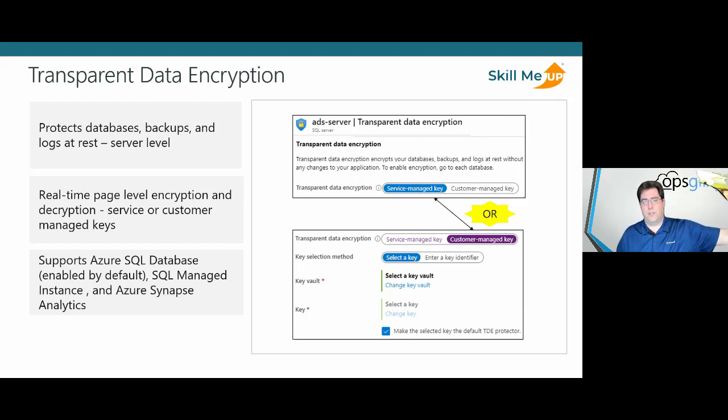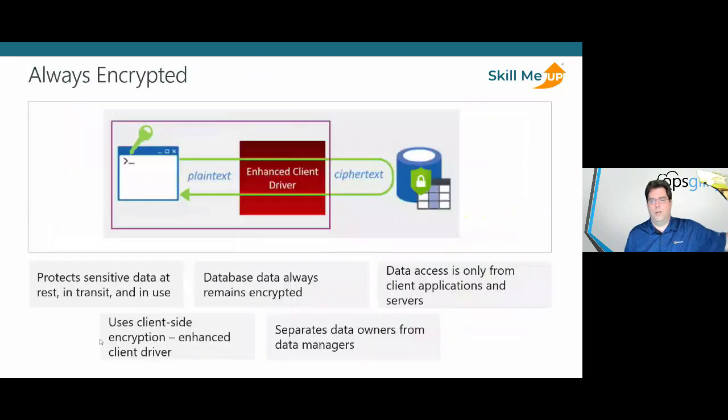We have storage service encryption, so it's important to understand the different levels of encryption and what service they are tied to. Transparent data encryption is data at rest for SQL databases. Storage service encryption is data at rest for a storage account. Azure disk encryption is encryption of a virtual machine, and always encrypted is encryption of SQL data that is in transit.